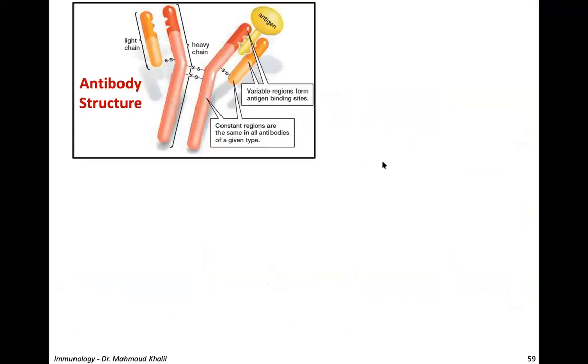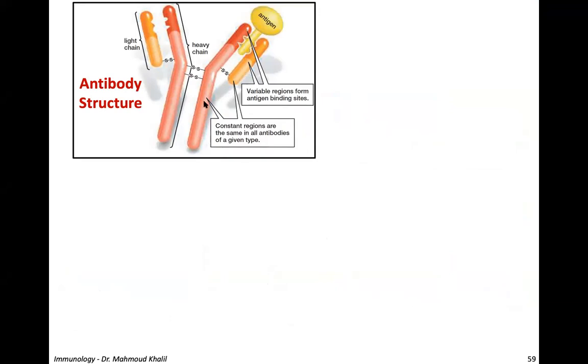So let's see here the structure of antibody generally before going into details. Generally, the antibody has two heavy chains and two light chains. The heavy chains are attached to each other by disulfide bonds, and the light chains are attached by a single disulfide bond to the heavy chain.